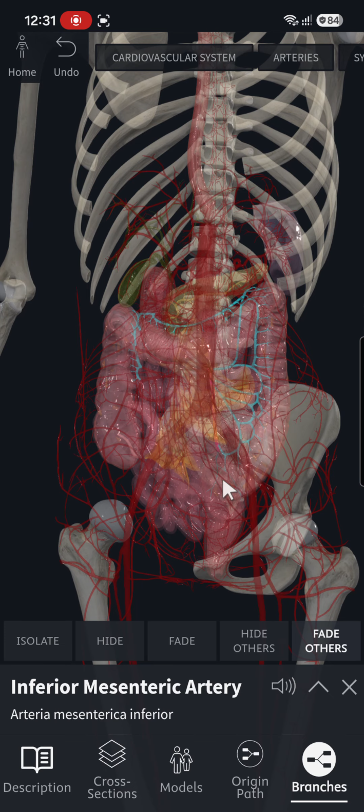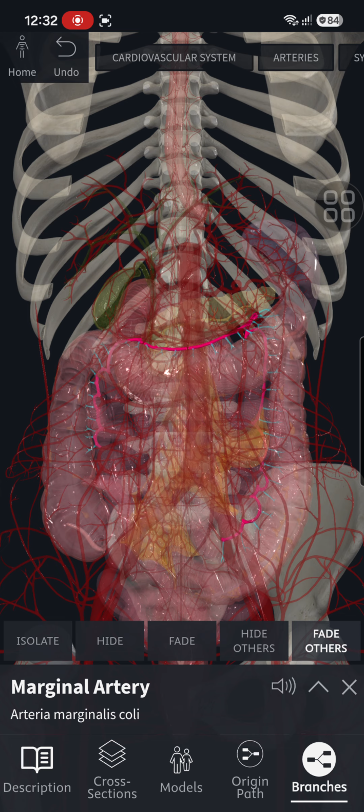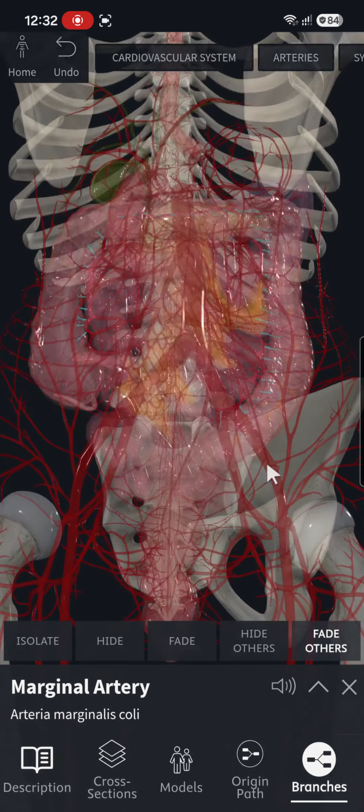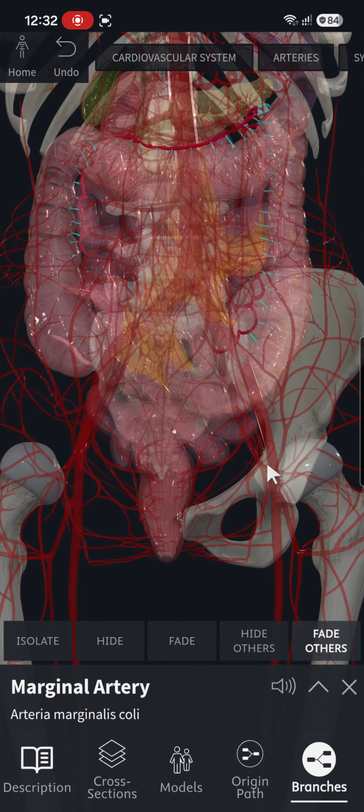Last thing that I want to mention is the artery of Drummond. Okay, so the artery of Drummond is the horizontal line that connects the right colic, middle colic, and left colic, right?